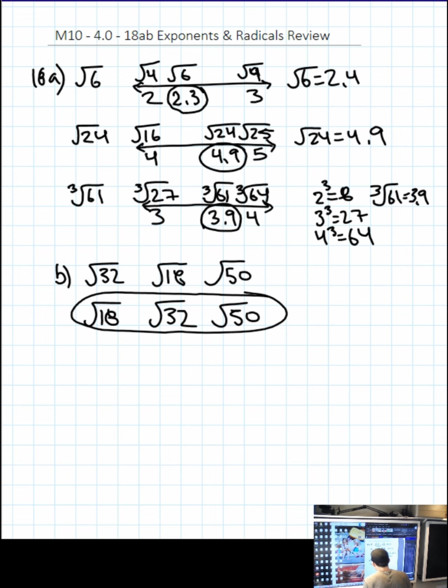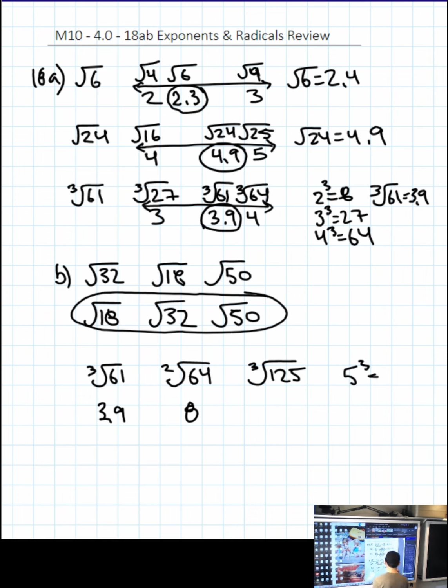So that was incredibly simple. But what if they gave us numbers like the cube root of 61, the square root of 64, and the cube root of 125? Well, we'd have to do a bunch more work. So we know from above that the cube root of 61 is simply 3.9. We know that the square root of 64 is 8, and we know that the cube root of 125, well, 5 cubed is equal to 125, so the cube root of 125 is 5.